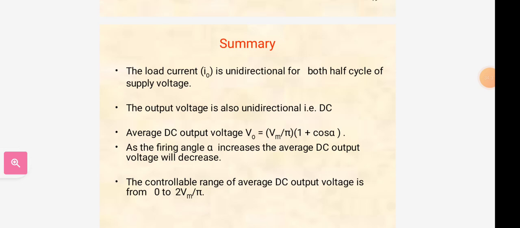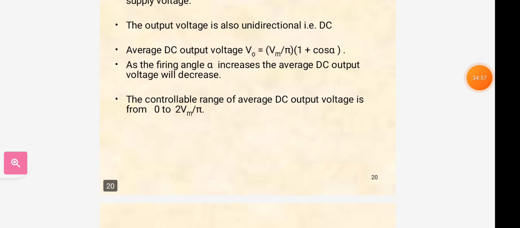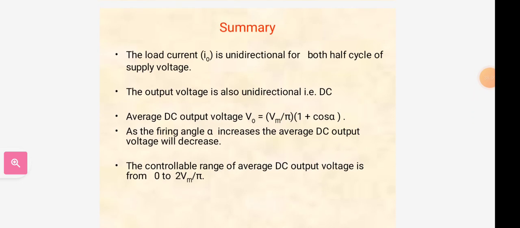The single phase full wave converter using resistive load consists of 4 thyristors connected in 2 parallel branches. Let us consider the source voltage Vs as Vm sin omega t impressed on the circuit. In summary, the load current I0 is unidirectional for both half cycles of the supply voltage.